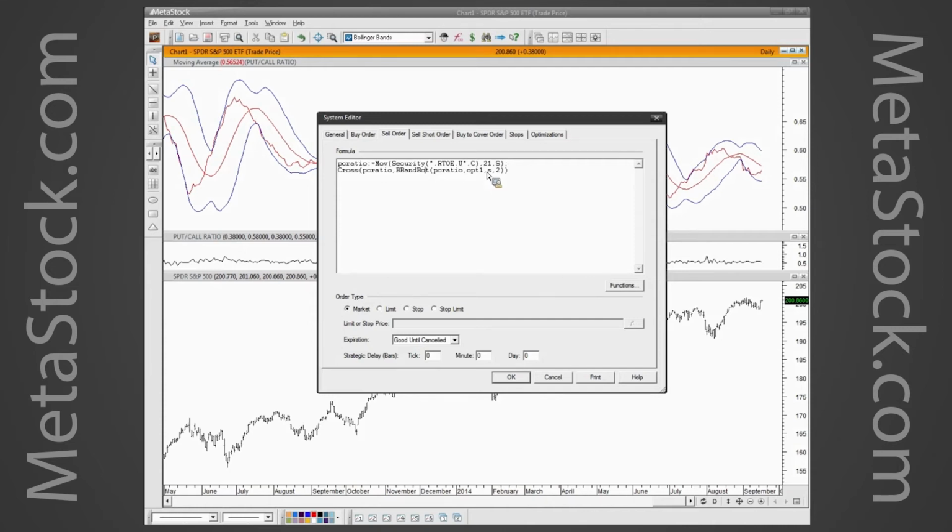And the only difference between what we did earlier and what I've got here is that the number of time periods in the Bollinger Band is being optimized.